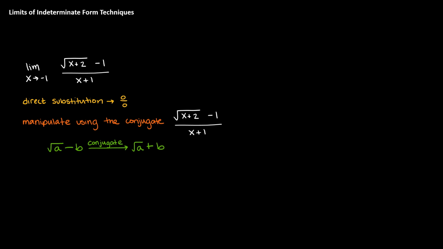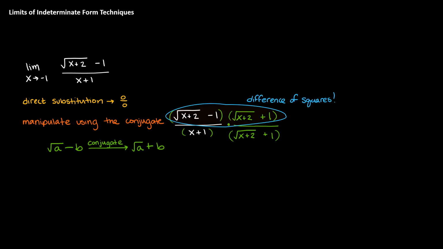We're going to use the conjugate on our function to get rid of the radical in the numerator. I'll take the conjugate of the numerator and multiply it to the top and to the bottom of our function. This is going to create a difference of squares in the numerator. So we can take our first term, which is the square root of x plus 2, and square it and subtract our second term, which is 1, and square it.